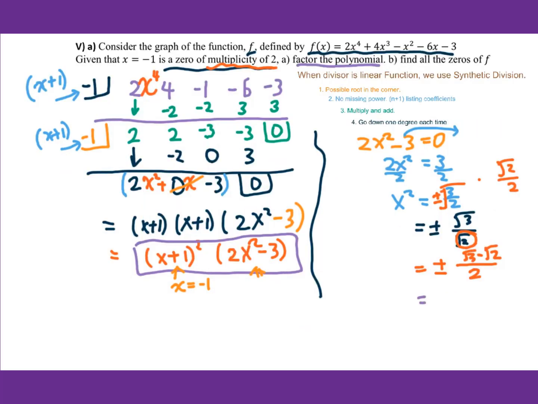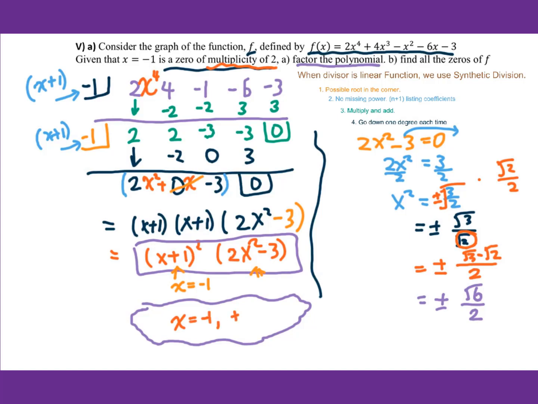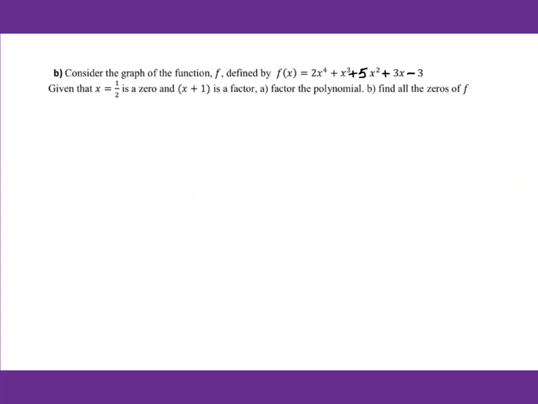So we got the answer plus or minus square root of 6 over 2. Therefore, for roots, we can write x equals -1 and plus or minus square root of 6 over 2.